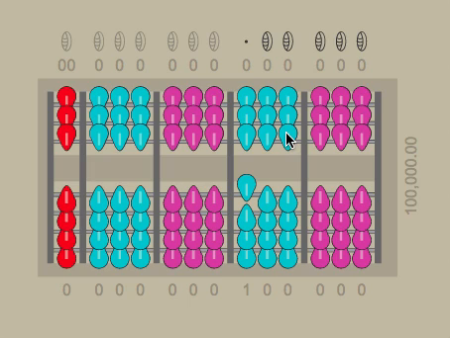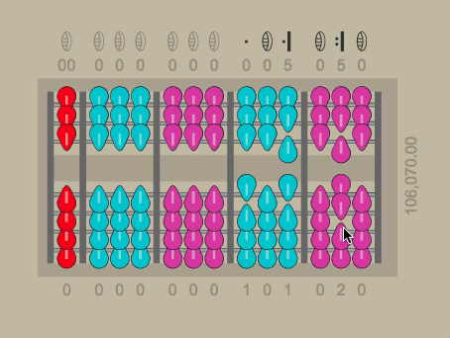So I'm going to drop down 5,000, 6,000. I don't need any hundreds, because it was 106,073. So I'll leave these the way they are. Now I need 70, so 50, 60, 70, and 3 units of 1. 1, 2, 3. And that gives me 106,073.